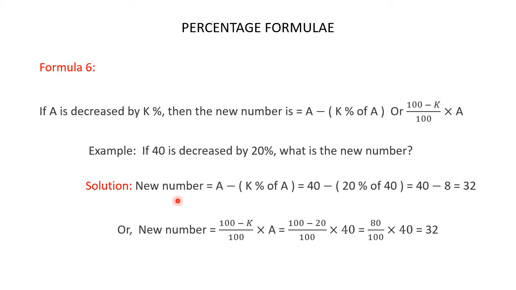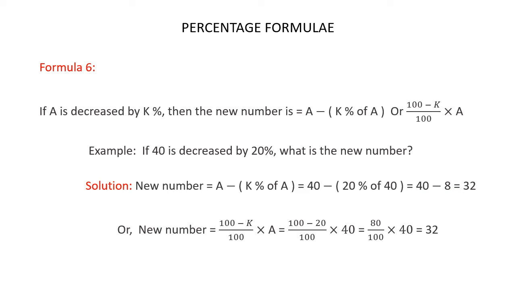So new number is equal to A minus k% of A. Here A is 40 and k is 20. So 40 minus 20% of 40. 20% of 40 is nothing but 8. So 40 minus 8 is the new number 32.